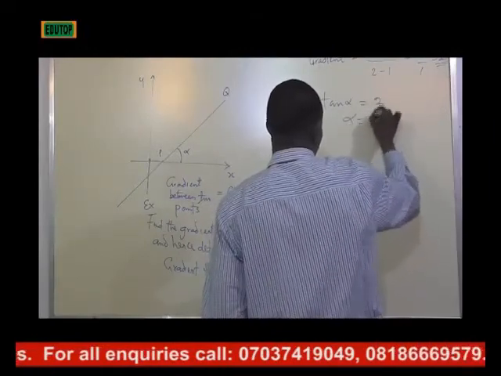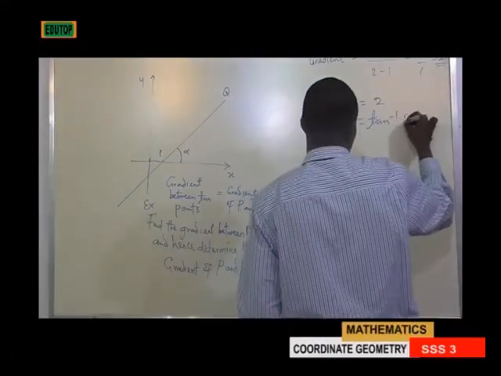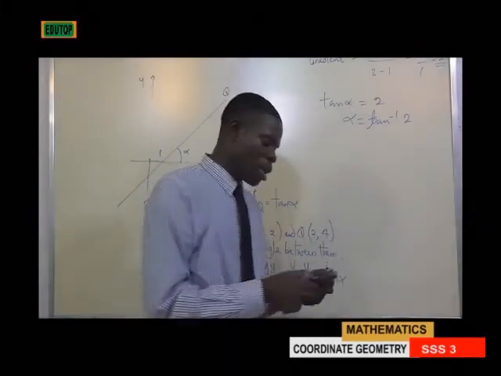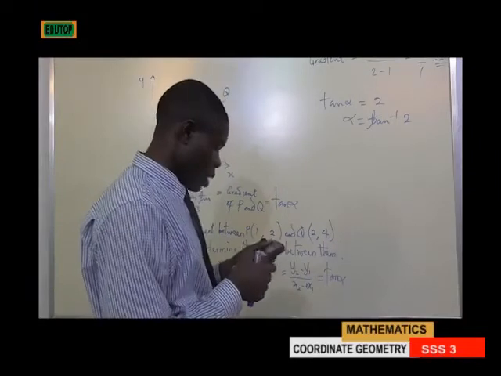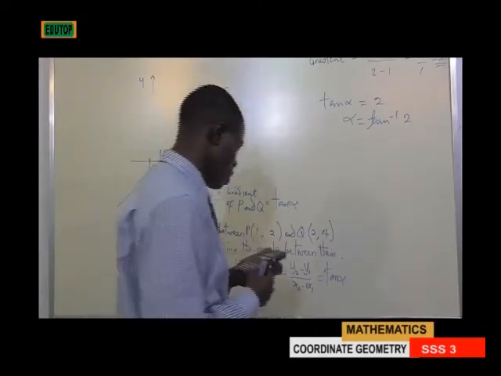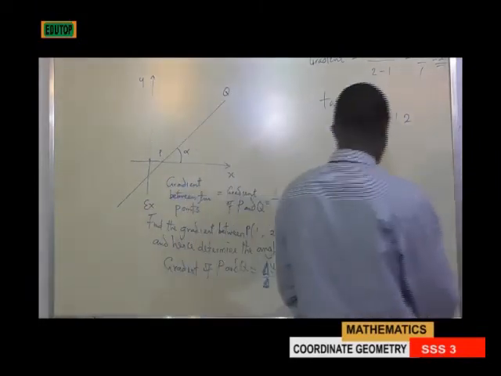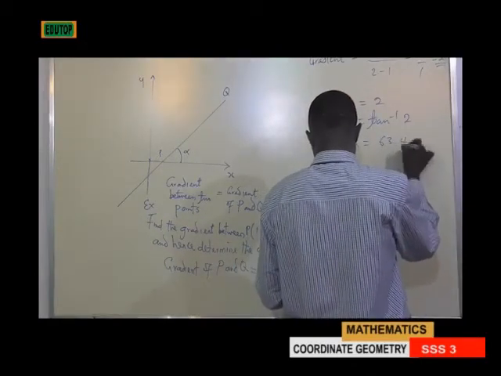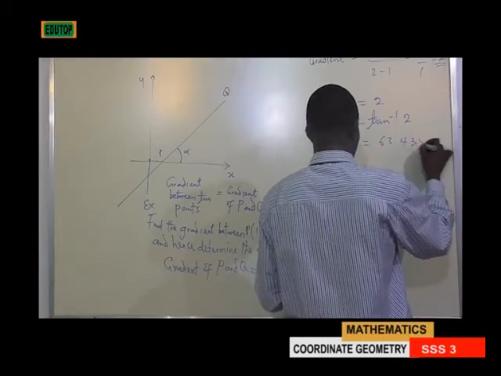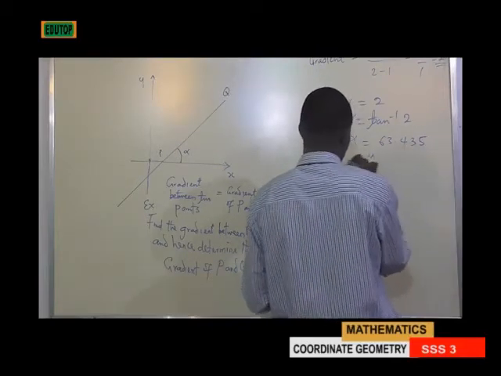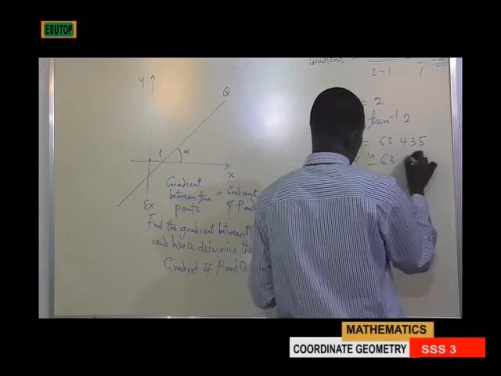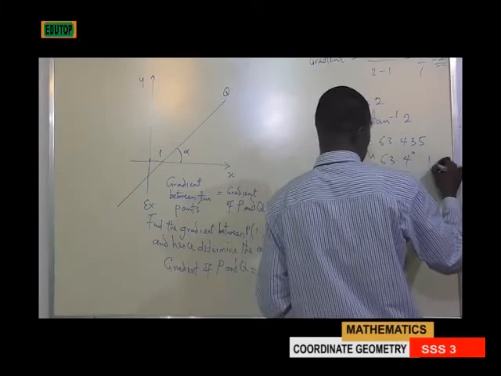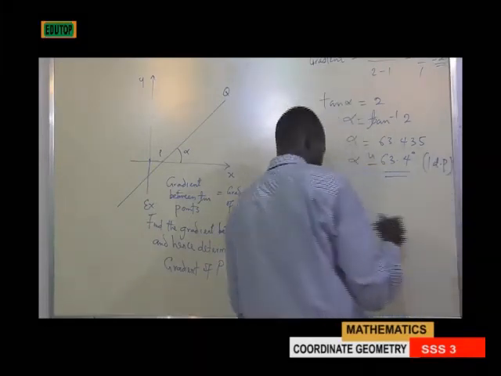So our alpha will be arctan of 2. Arctan of 2 will give us 63.435, which is approximately 63.4 degrees to 1 decimal place.